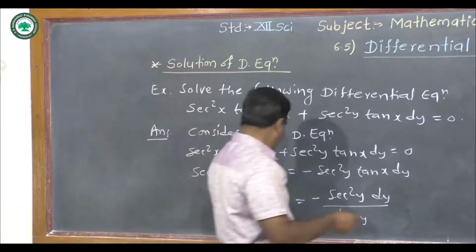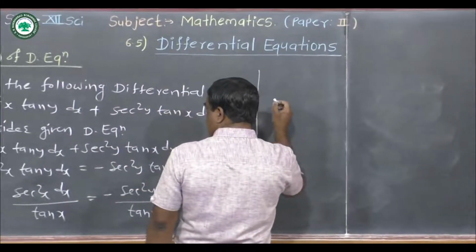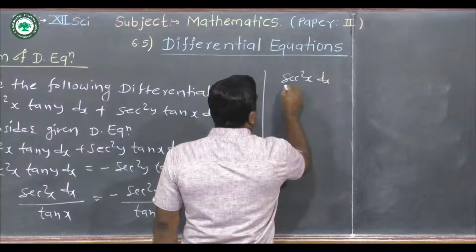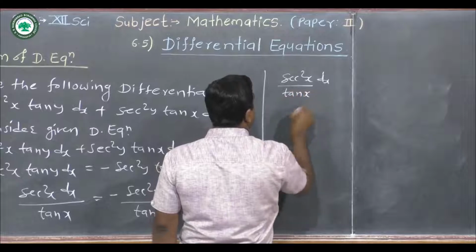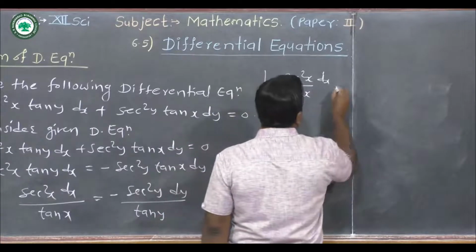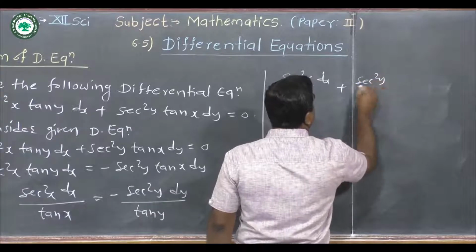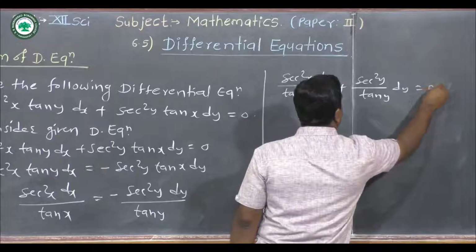That is, we can write sec square x upon tan x dx plus sec square y upon tan y into dy equal to 0.